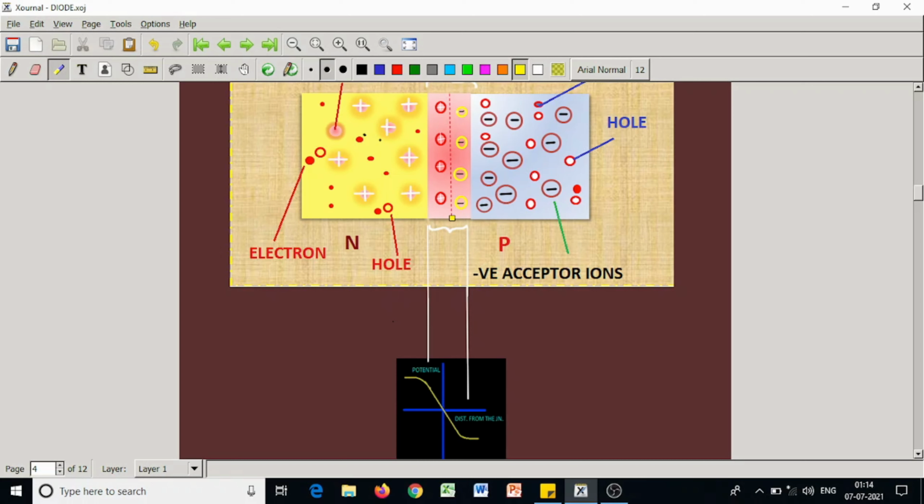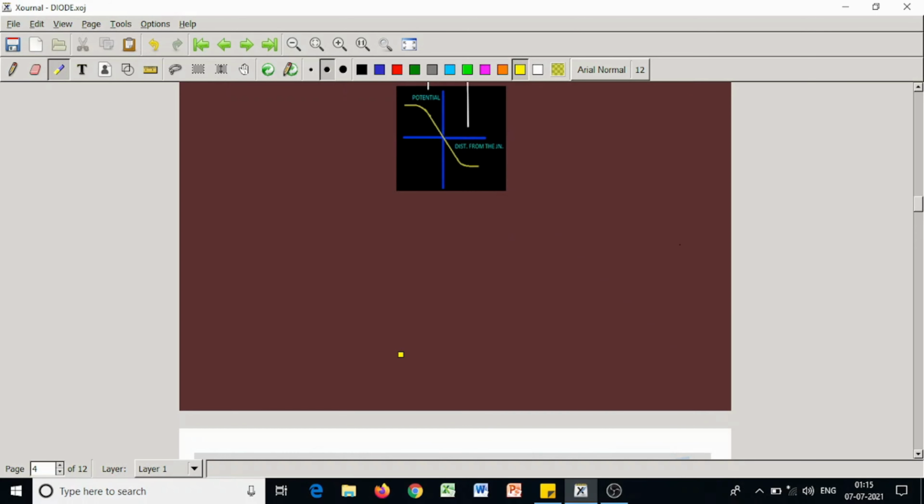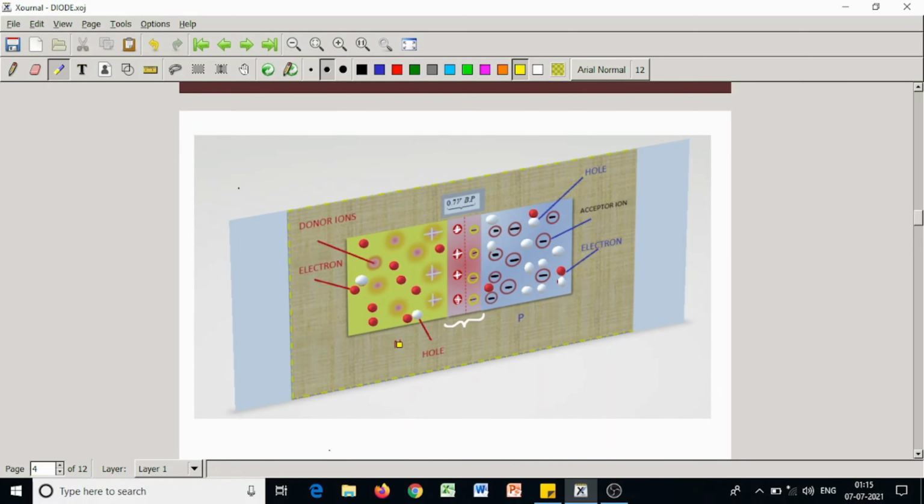As we go far from the junction, it is more negative on one side and more positive on the other. Actually, the value of this potential barrier is 0.7 volt for germanium and 1.1 electron volt for silicon.